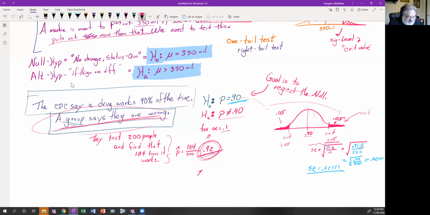That's essentially the z-score for the 0.92. It's its value minus the assumed mean divided by the standard error. It's essentially a z-score in the sampling distribution. They don't call it that. They call it a test statistic because they like giving things fun names in this section. But the test statistic is a z-score in the sampling distribution.